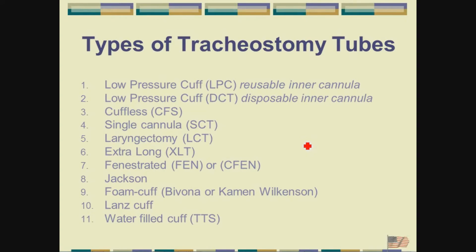So there's usually 2 cannulas that are swapped back and forth. One is always in the patient, the other one is soaking in a cleaning solution or is being prepped to be put back in at a later point in time. Disposable inner cannulas, as the name implies, you pull them out, throw them away, put a new one in. Boy, that sounds a whole lot easier. The downside, guess what?